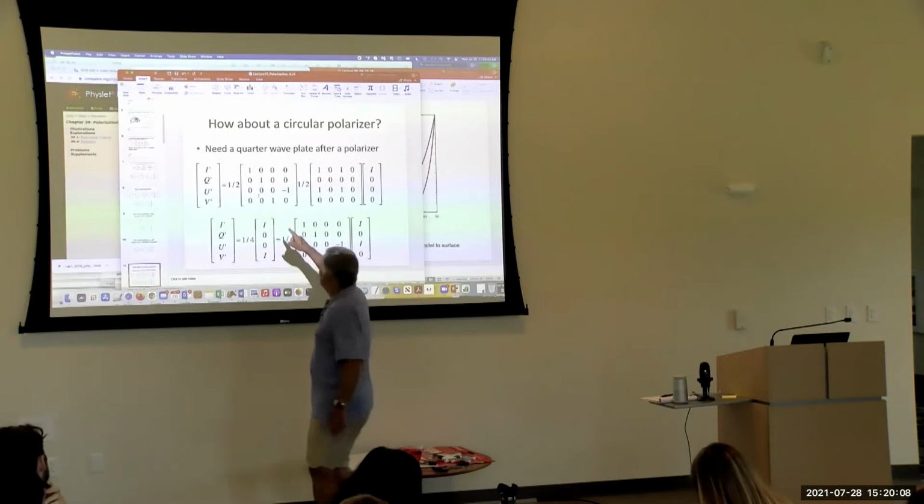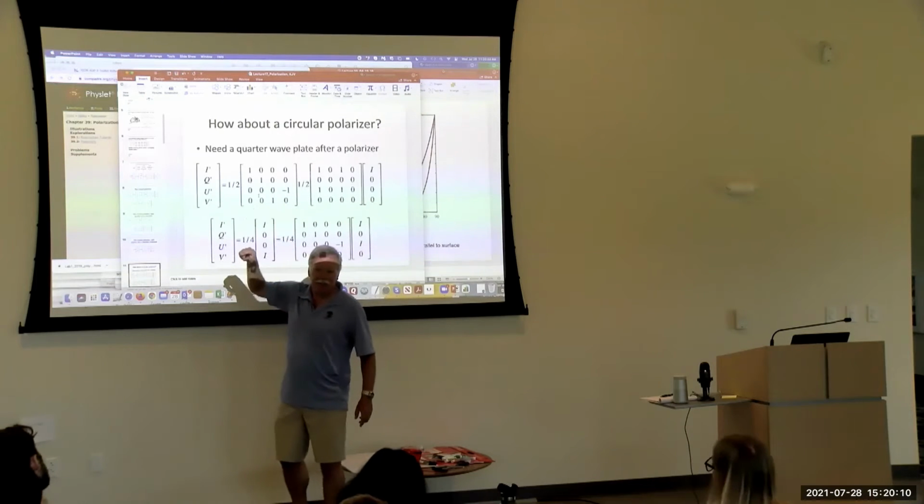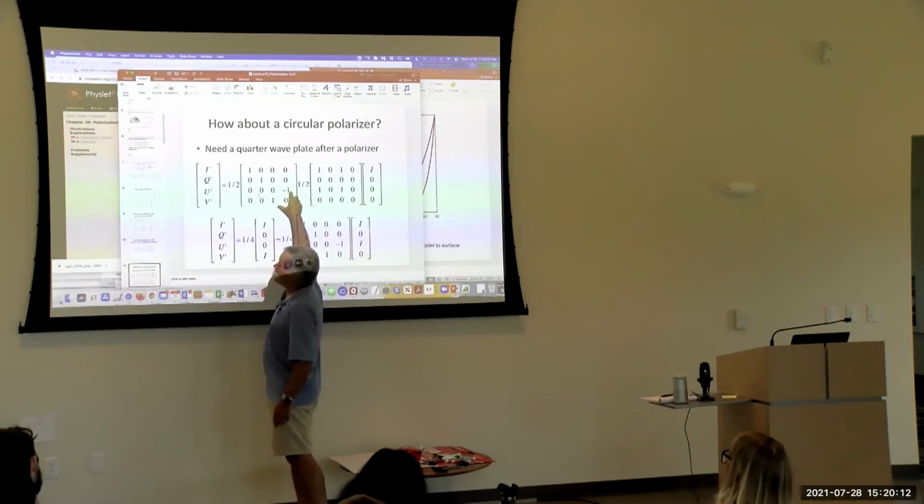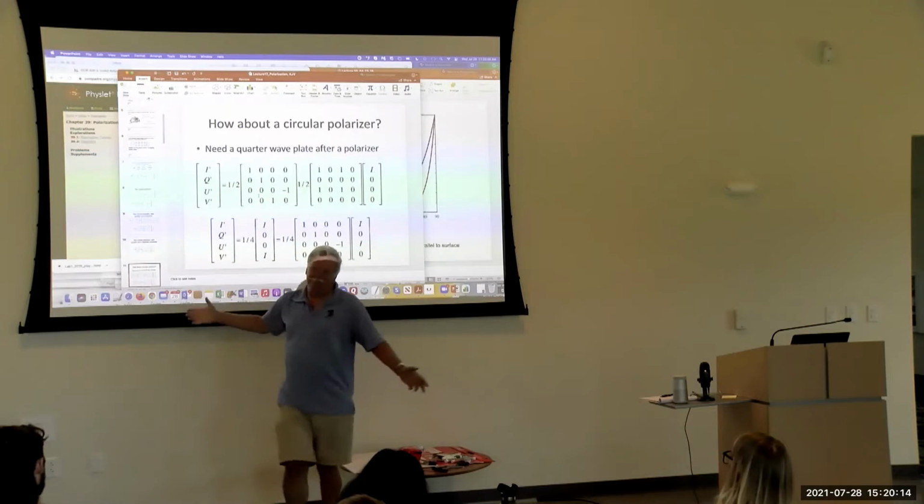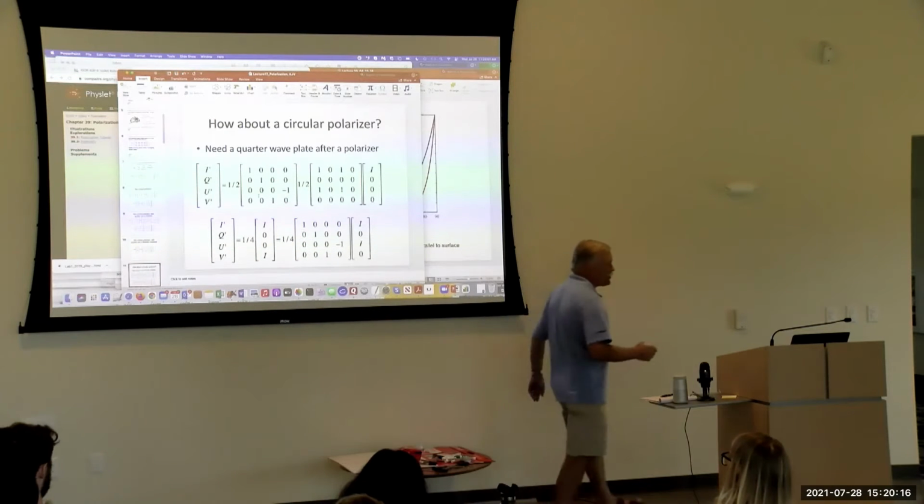And that's represented here. To answer your question, are they always symmetric? Even a simple quarter wave plate isn't symmetric.